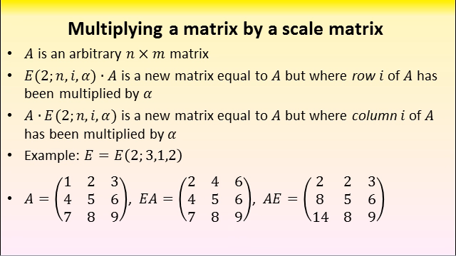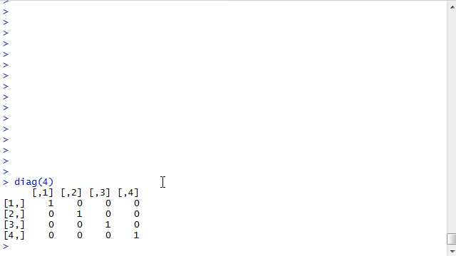The final elementary matrix is the pivot matrix. Here, again, we start with the diagonal matrix. For the pivot matrix, instead of replacing one of the diagonal elements, we replace one of the off-diagonal elements with a number.